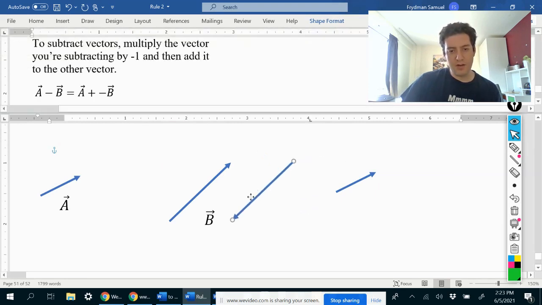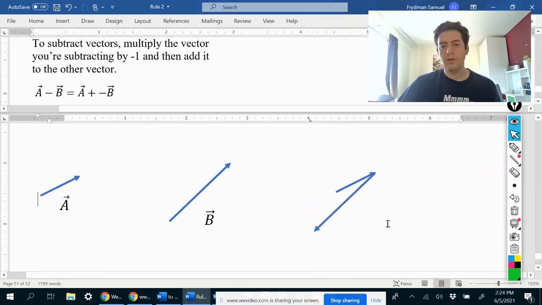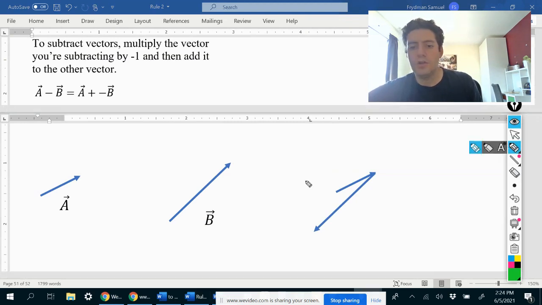Okay, so you can see here, this vector is now moving in the opposite direction as this b vector. Okay, so this is the vector A. This is the vector -b.